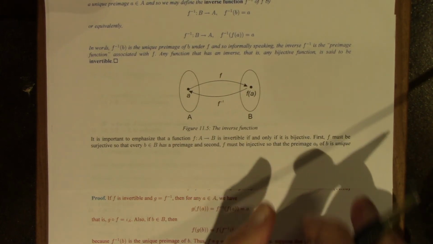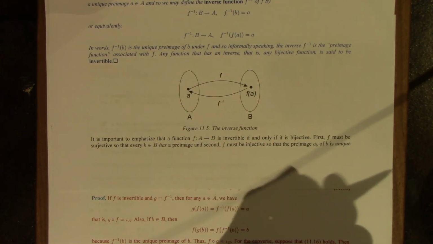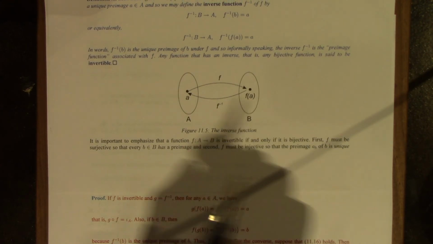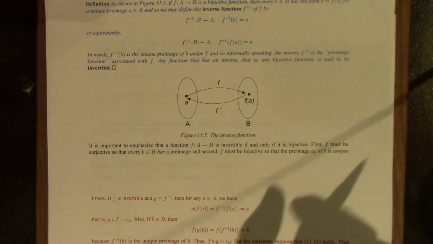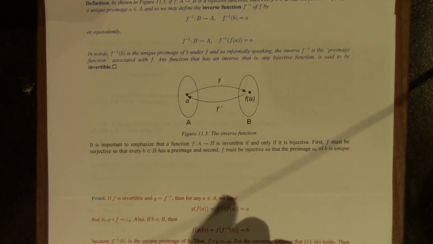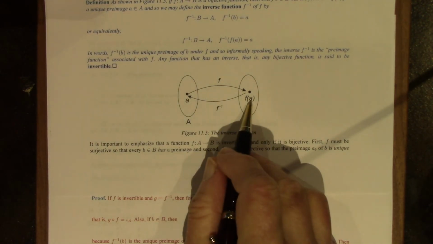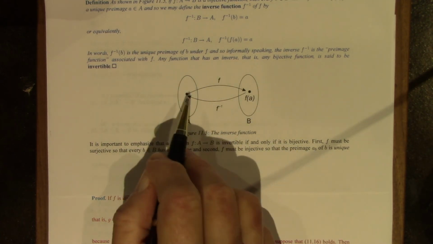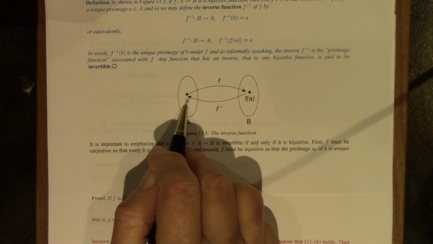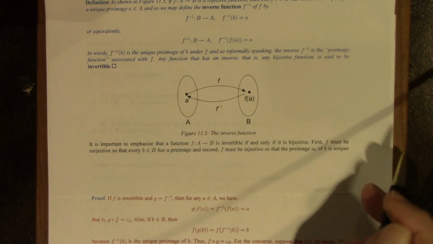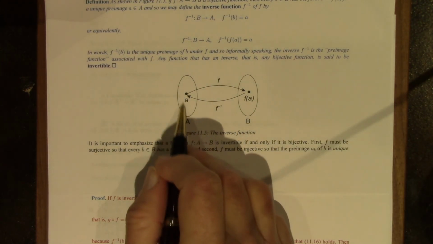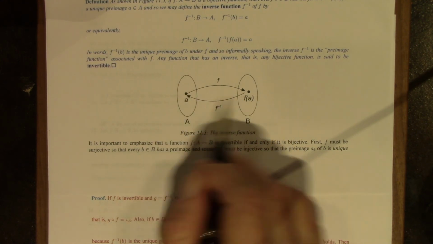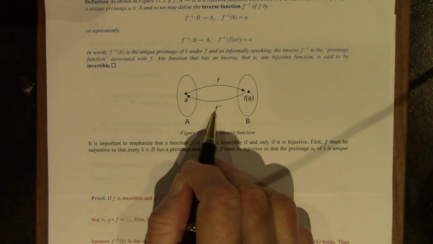And it's critically important to remember that a function is invertible, has an inverse, if and only if it's bijective. You need the surjectivity to guarantee a preimage, and you need the injectivity to guarantee that the preimage is unique, so you know how to go backwards. If there were two preimages for one image, you wouldn't know which one to choose. You wouldn't have a well-defined function F inverse.